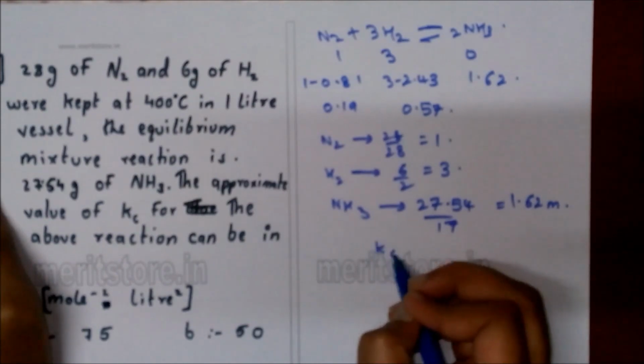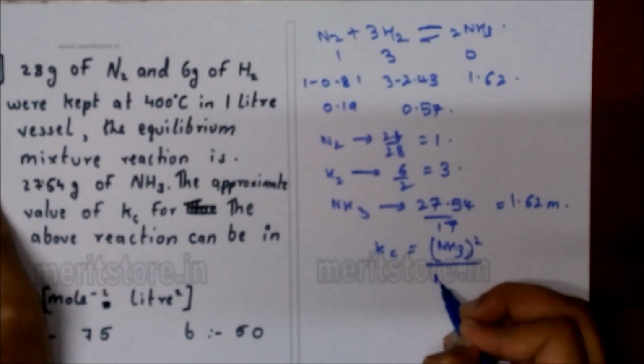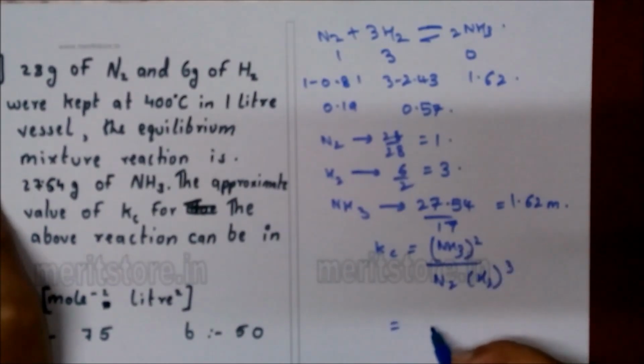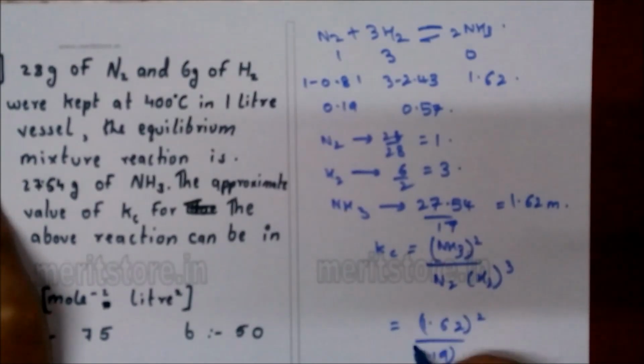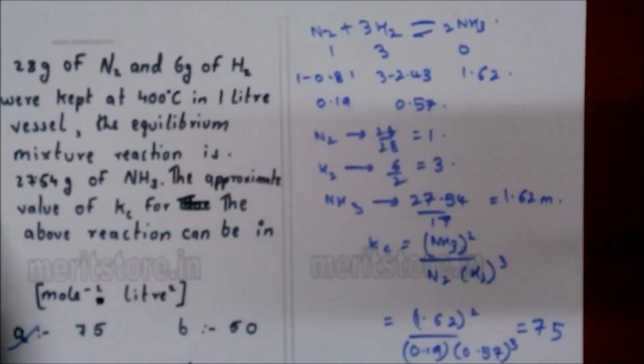So Kc is equal to [ammonia]^2 upon [nitrogen] into [hydrogen]^3. So substituting the value we get 0.19 into 0.57 cube, which is equal to 75. So option A is the correct answer.